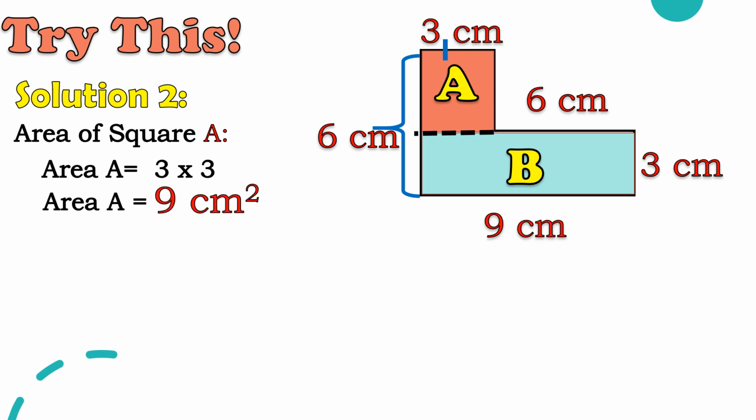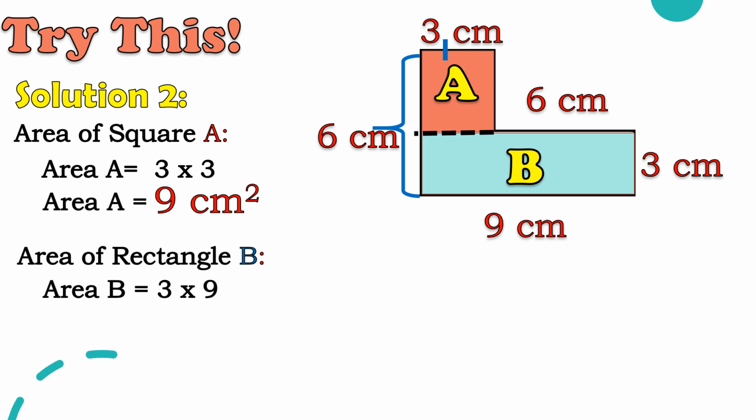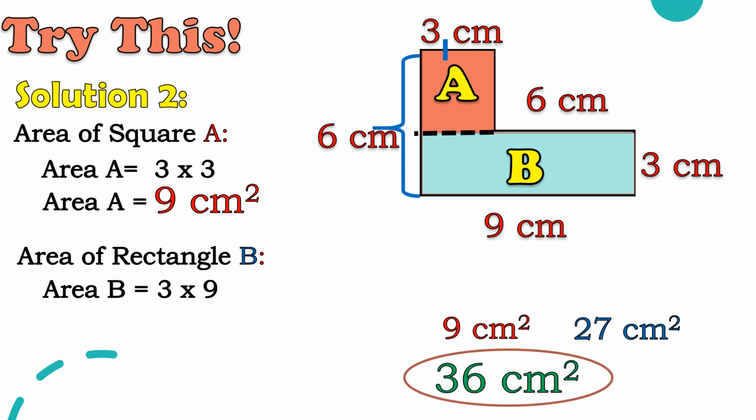Then, proceed tayo sa rectangle B. So, area of rectangle B is equal to 3 times 9. Now, this time, bakit siya 9? Now, ang hati kasi natin ay nasa figure na ito. So, kanina kasi sa solution 1, ang hati natin dito ay patayo.